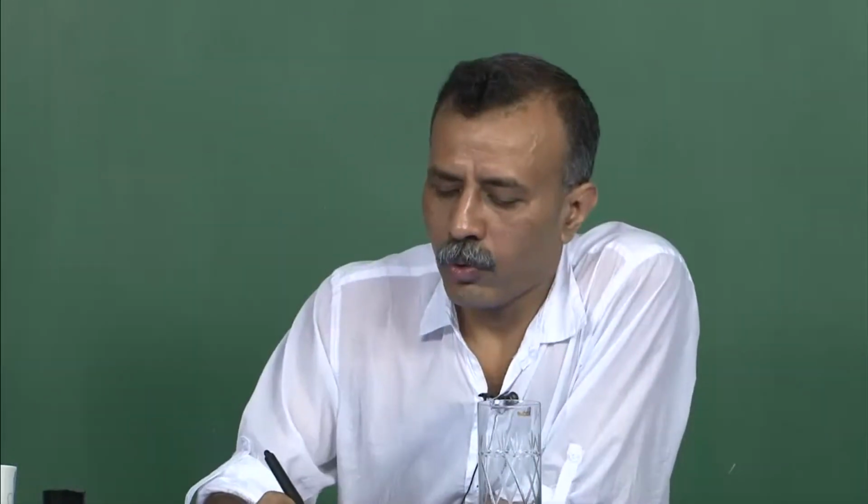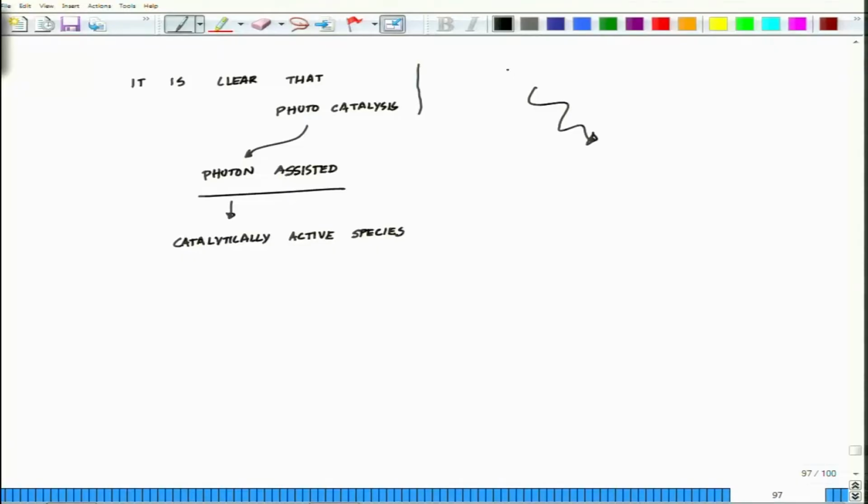So, you have this light coming on a semiconductor material, and the semiconductor material is ejecting out an electron. So, light is just providing that assistance.